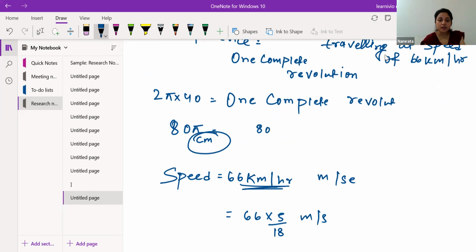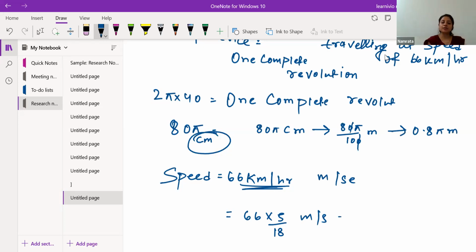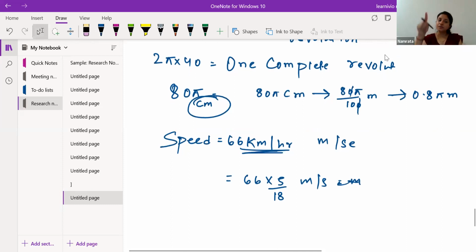So 80 pi centimeter divided by 100 gives 0.8 pi meter. Here also we will get decimals. So speed we have calculated in meter per second.